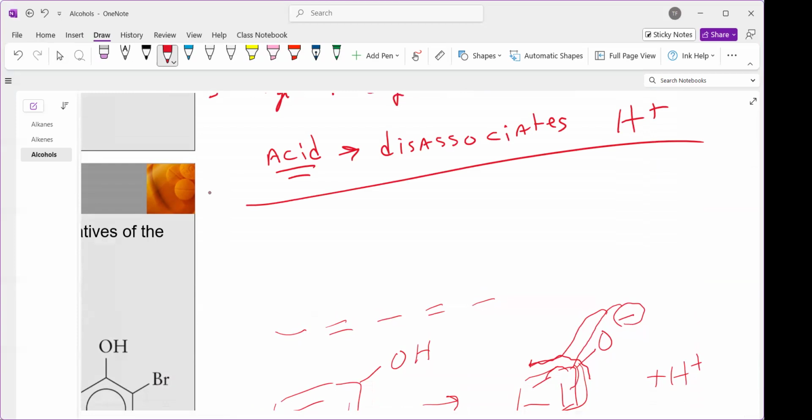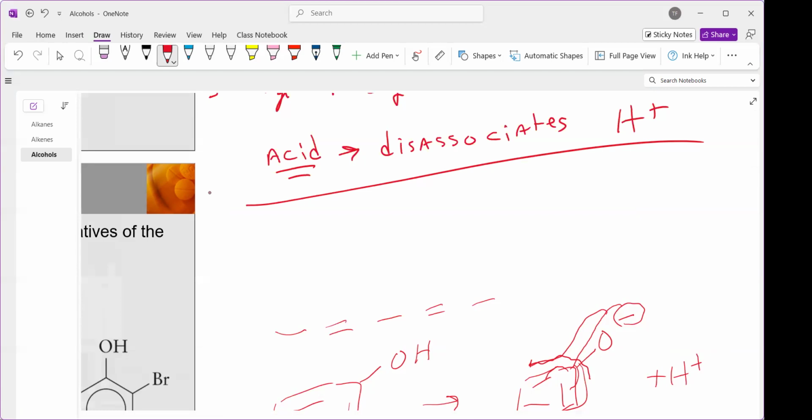One of the definitions of an acid is that it dissociates an H plus ion. So if there's H present in organic molecules, and there's a whole bunch of H's, as you know, but if one of them dissociates as the ion, it's considered an acid. Normally, organic acids are weak acids.